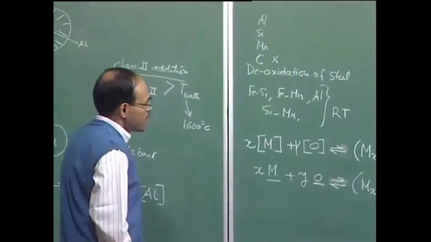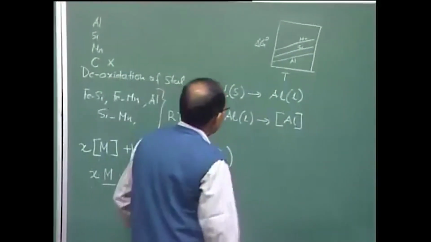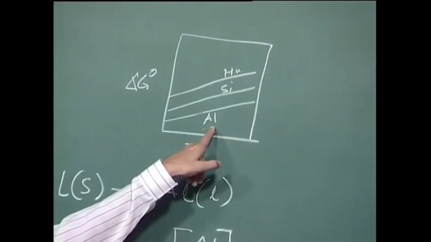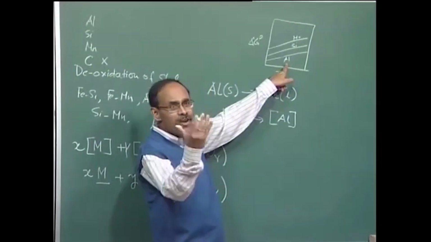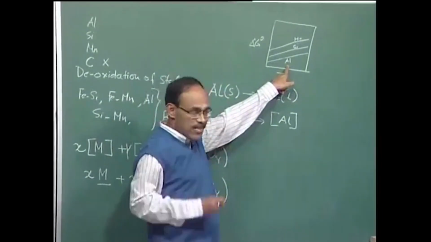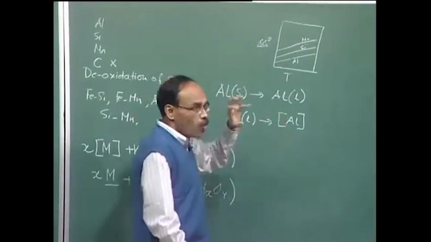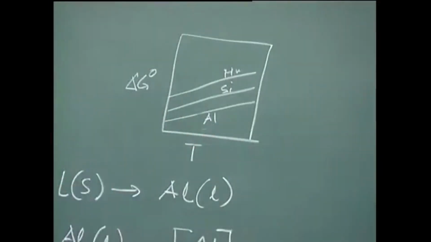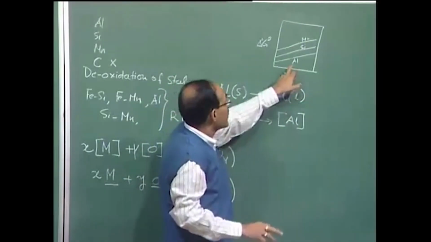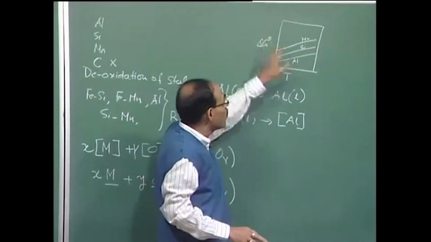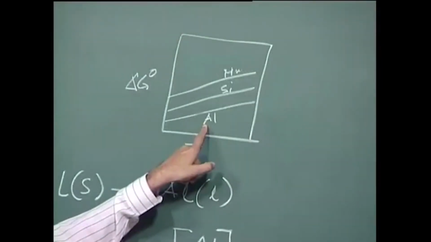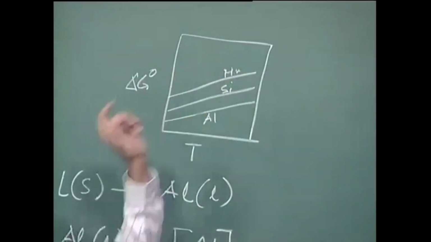We can also say that if the affinity towards oxygen is higher, then the residual level of aluminum for a given oxygen is going to be less in the bath. So, if I say that the final oxygen is fixed, then on the basis of this information I can conclude that the residual level of contamination with aluminum is going to be lesser in comparison to silicon, in comparison to manganese.